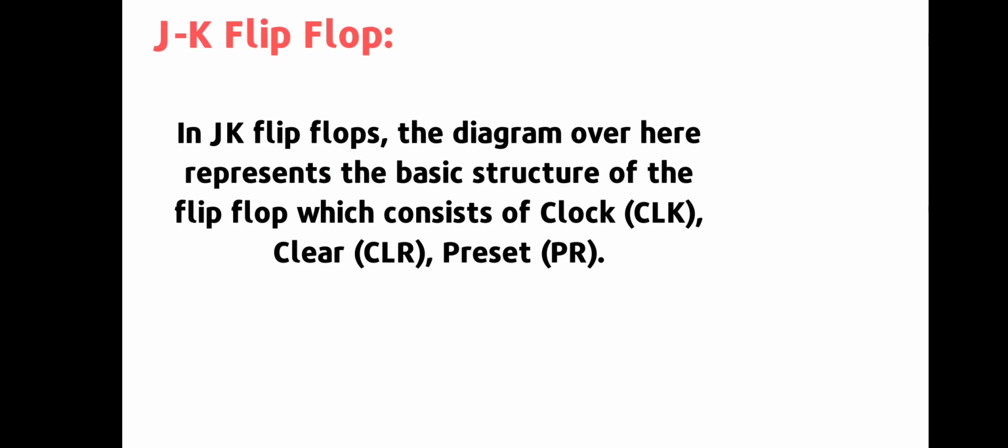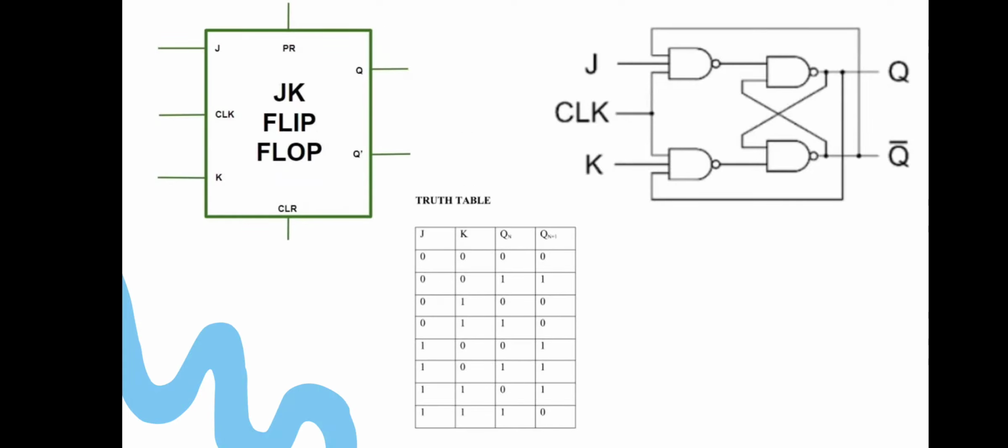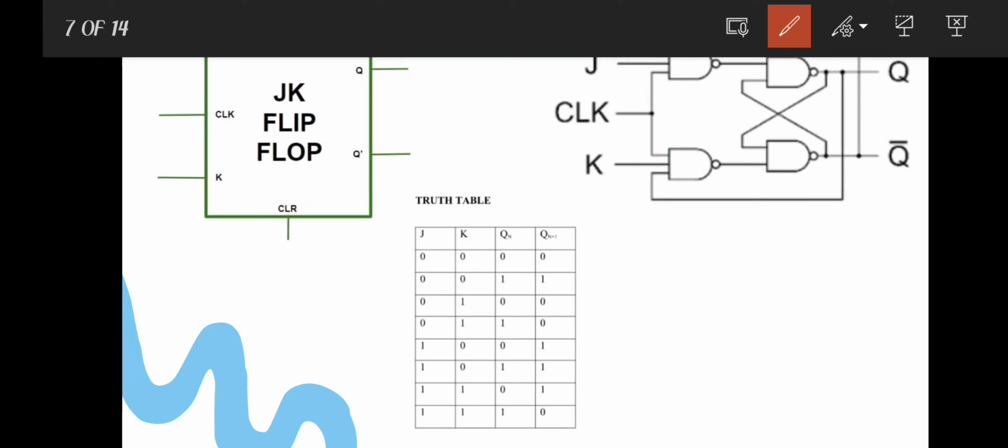The next flip-flop is the JK flip-flop. The diagram over here represents the basic structure of the flip-flop, which consists of clock, clear and preset. Similar to the SR flip-flop, this JK flip-flop also has two inputs, and using the two inputs we can change the output state of the flip-flop.